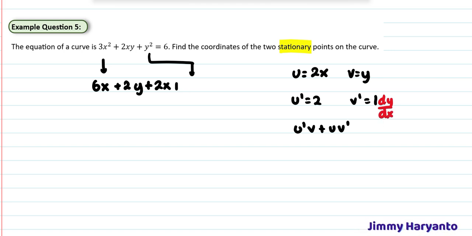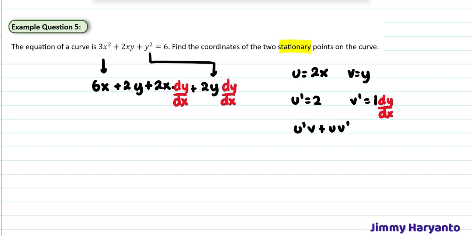So this one is plus 2x, this one u times v prime. V prime is dy over dx. Okay, and then the last one is y squared. The y squared will become 2y, but you have to write down the dy over dx after. Equals to the 6 also differentiated, so you will have 0.